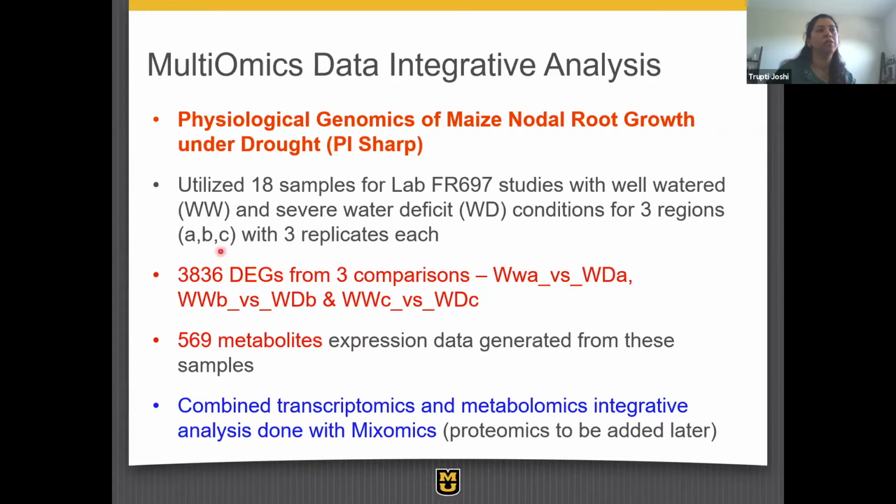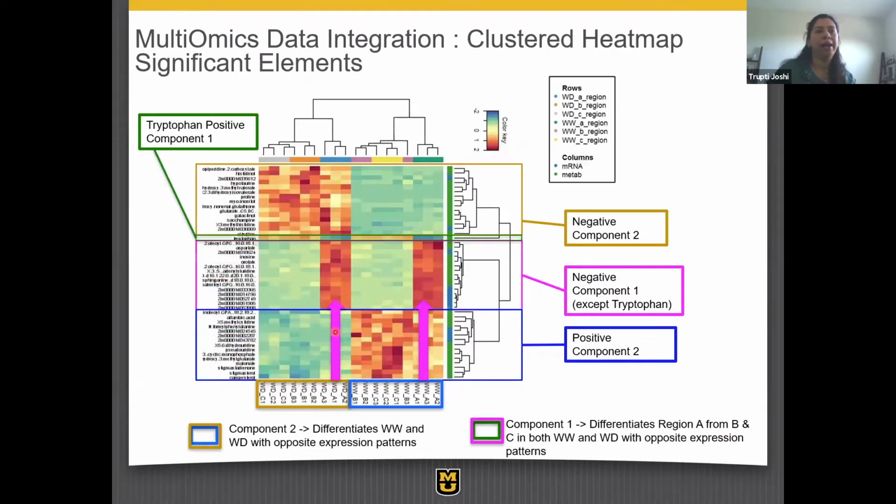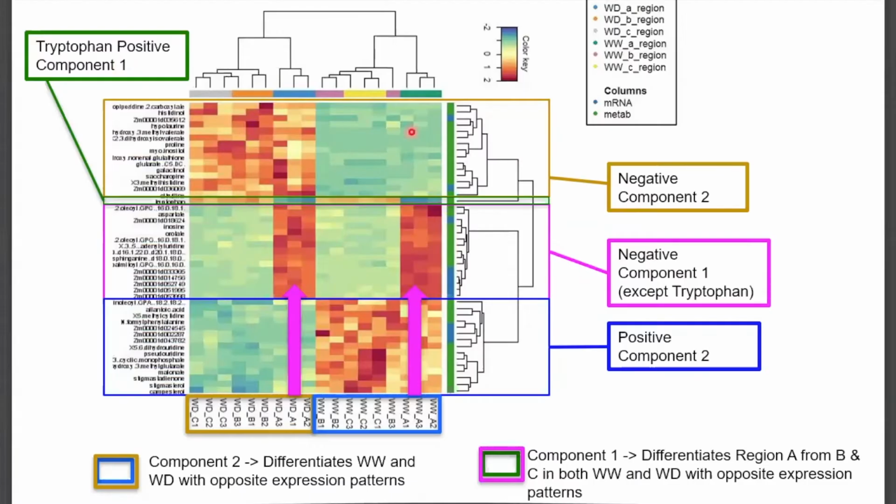We took the differentially expressed genes, about 3,000 from these three comparisons, combined with 500 or so metabolites from these conditions, and brought them all together to understand the two components which differentiate between the root zones A, B, C and between well-watered and water stress, and how many genes and metabolites can directly explain the phenotypic differences in nodal root growth measurements, water potentials and things like that, and how we can link them back, as you see here with component one and component two in these yellow and blue boxes.